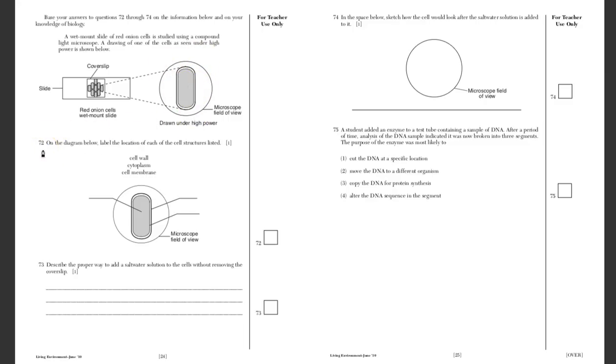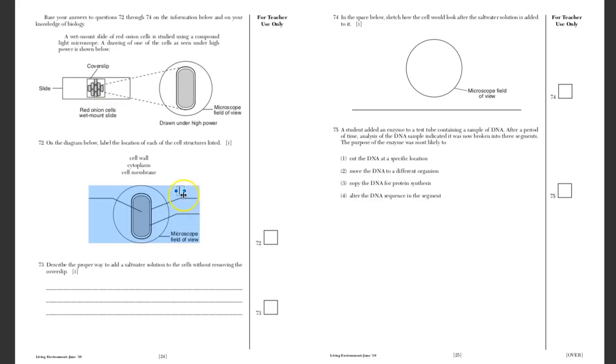Let's answer 72. On the diagram below, label the location of each of the cell structures. So this will never change. This one right here, this outermost layer of an onion cell, what are onion cells? They're plants.